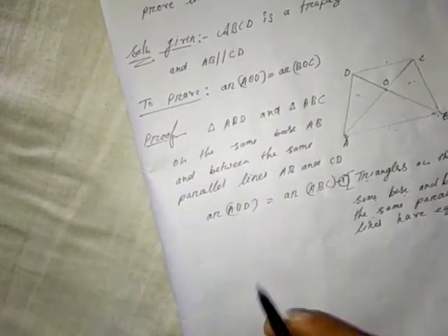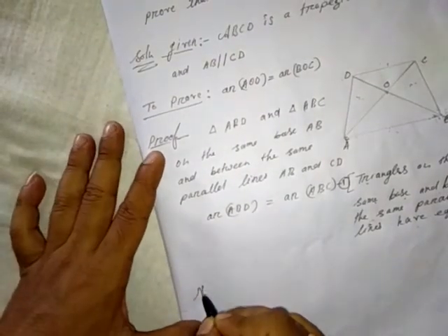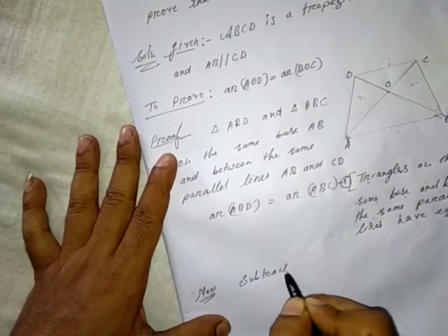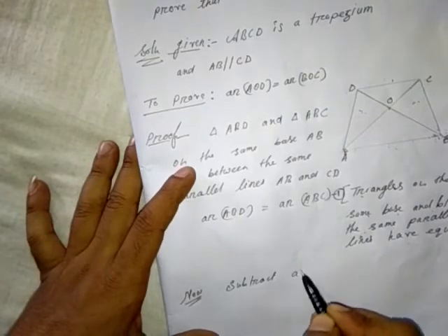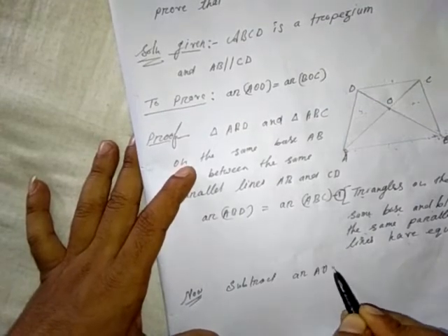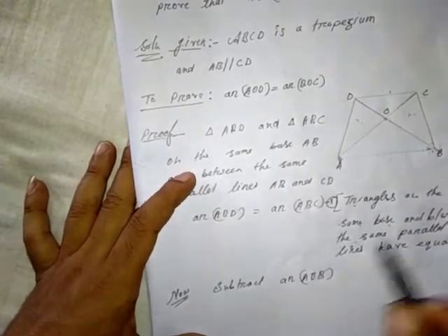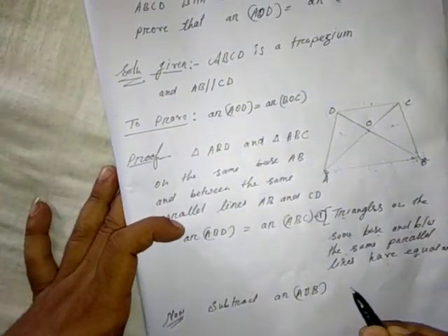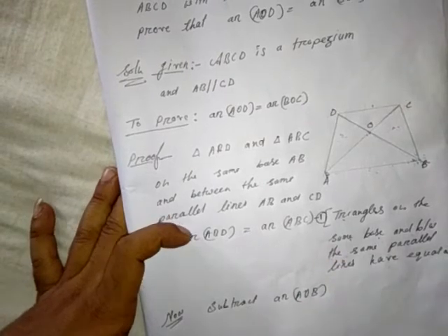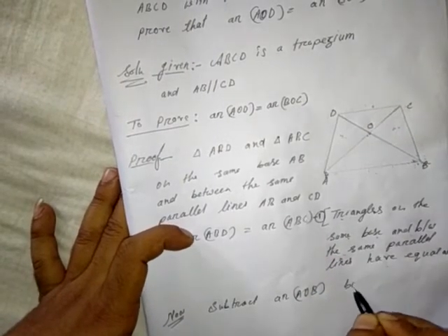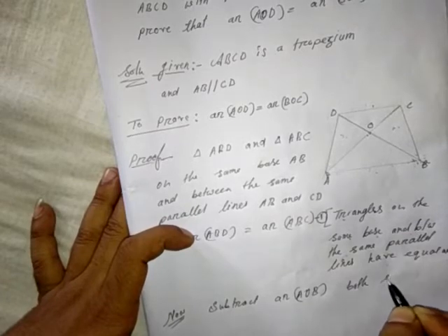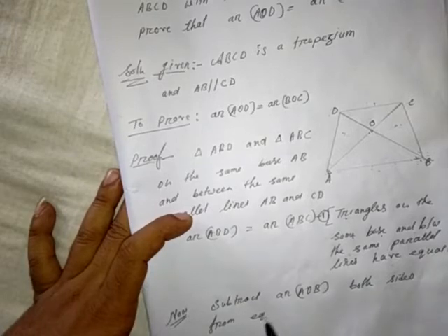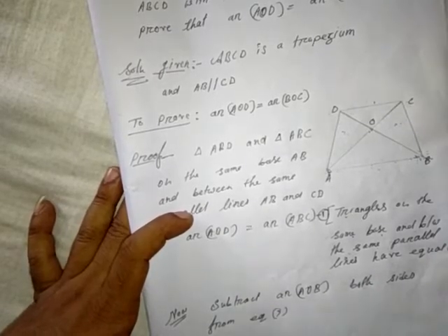So we will write here: subtract area AOB from both sides of equation number 1.